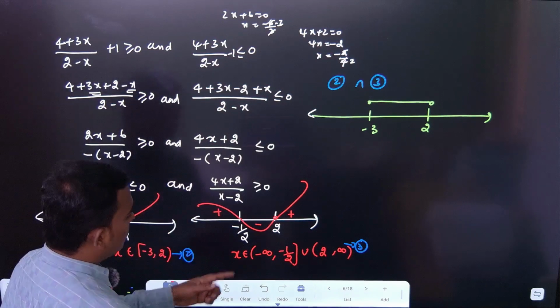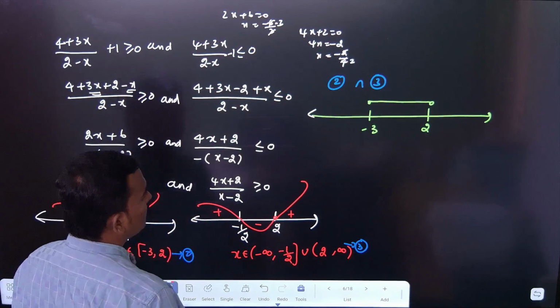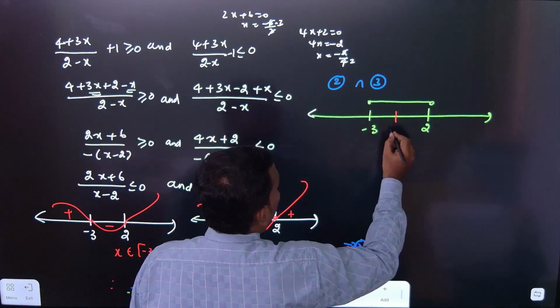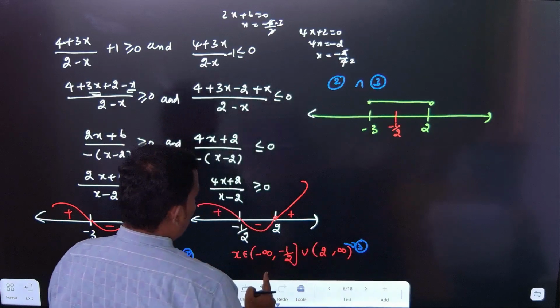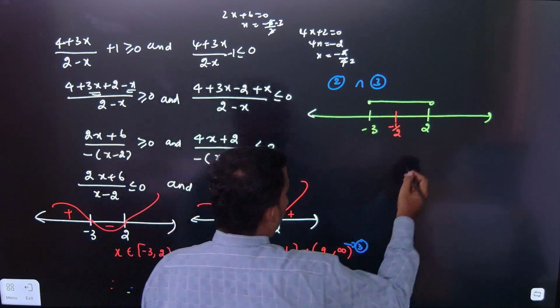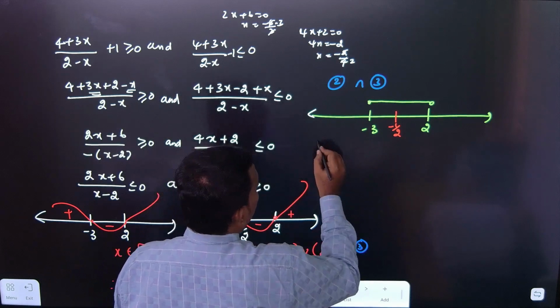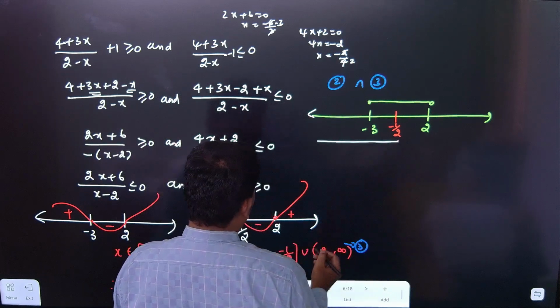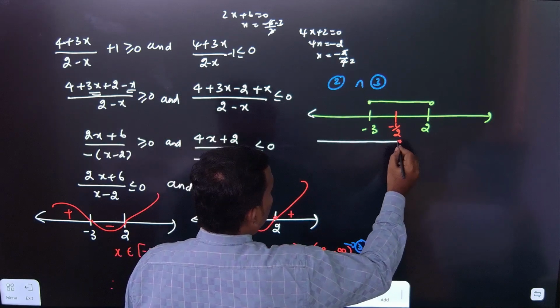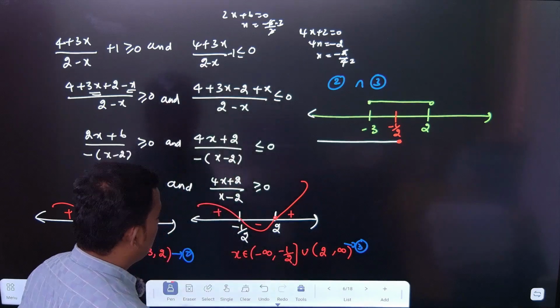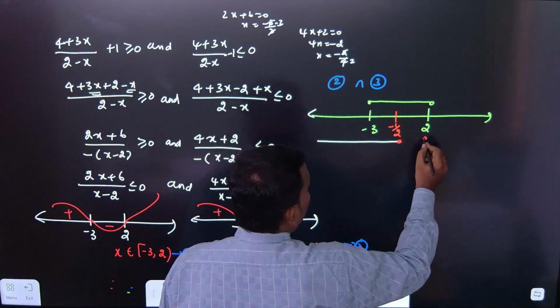Next one is what? Minus infinity to minus 1 by 2. Let's take here minus 1 by 2. Minus infinity to minus 1 by 2. Minus 1 by 2 is included, right? Okay. And then 2 to infinity.